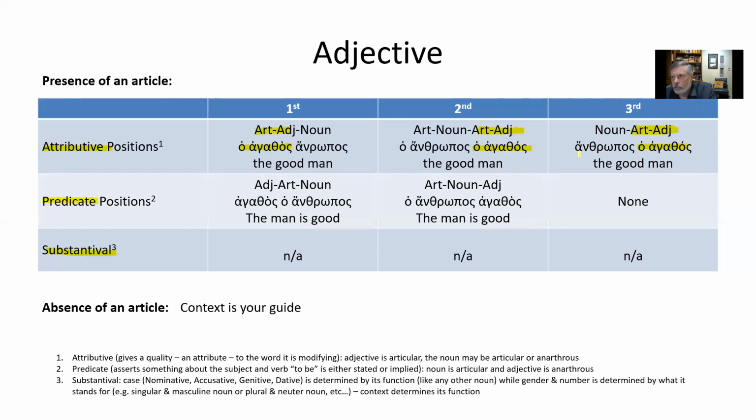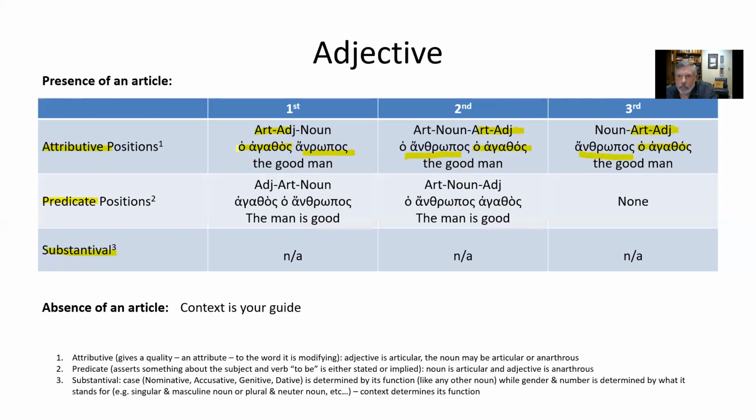What's it modifying? Anthropos. Ho anthropos. So there's something for it to modify, so it cannot be substantival. It has to be attributive. And so here we have the good man.